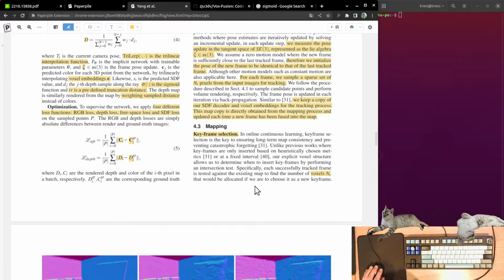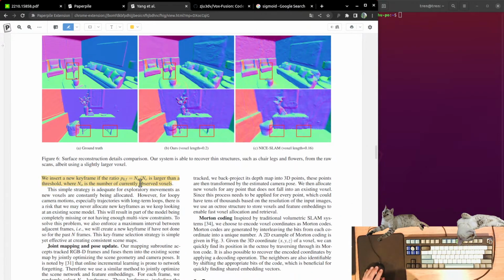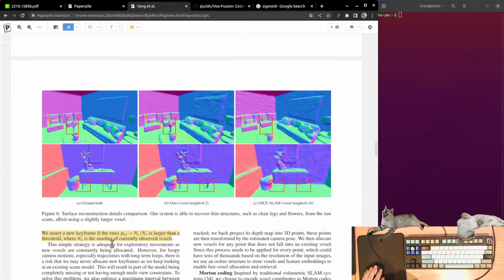And they say how many of these voxels, N_C, are there compared to the number of voxels that are currently observed. I don't know if that means in the overall map or just in the frame beforehand. And then there's going to be some ratio there, and you basically have a hyperparameter, which is the ratio of the number of voxels that this new frame is going to intersect versus the number of voxels that you have total.